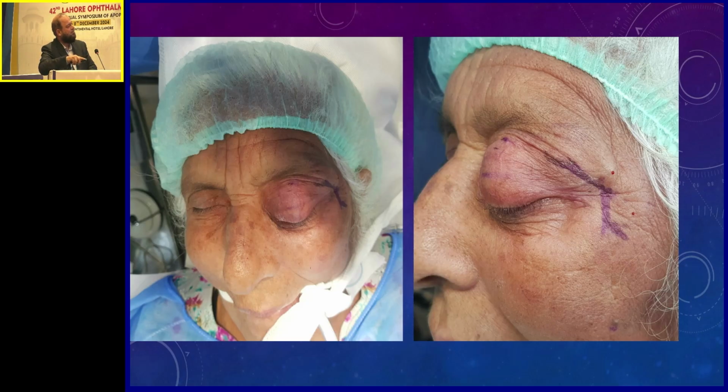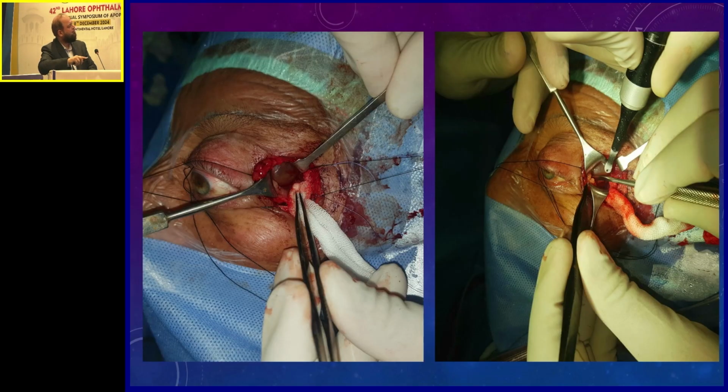So this is the incision, the local anesthetic with adrenaline, just given to reduce the bleeding. This is the removal of the bone and then the tumor.